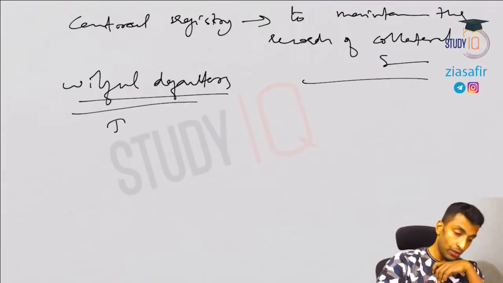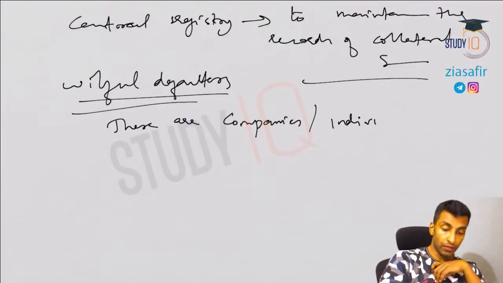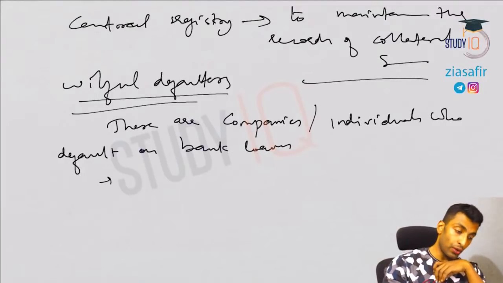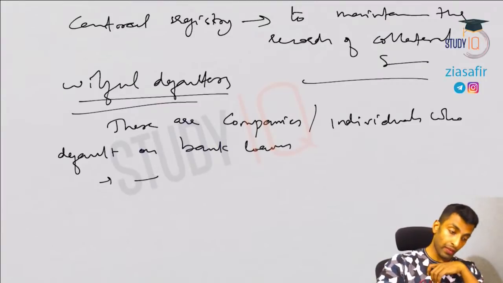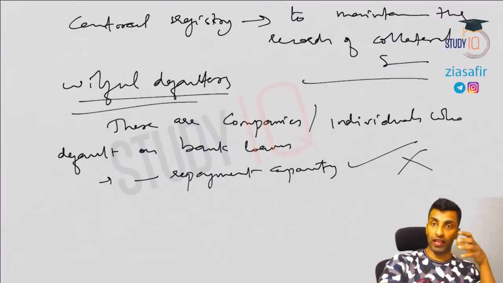Okay, so these are companies or individuals who default on bank loans. Despite having repayment capacity they are not paying the loan.